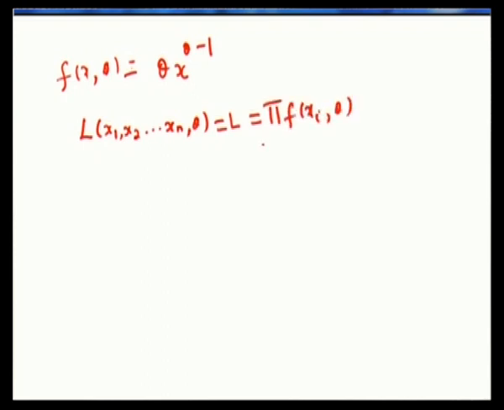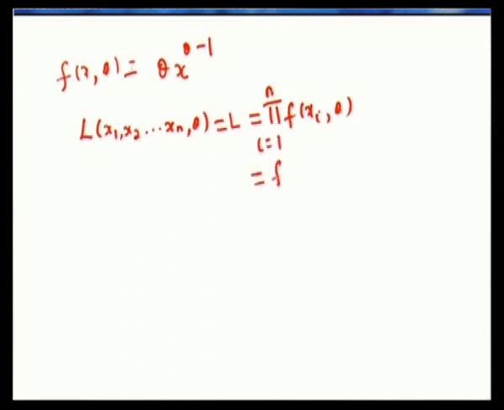You have been given that f of x comma theta is nothing but theta into x to the power of theta minus 1. So let us consider the likelihood function L of x1, x2, etc. up to xn, theta, which I said you can write as L, which is nothing but the product of f of xi comma theta, where i ranges from 1 to n.